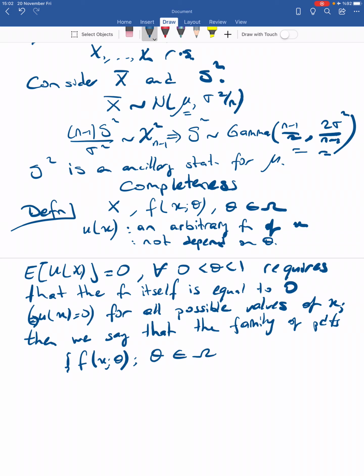We have infinitely many values for theta, and each possible value of theta gives us a different version of that specific PDF. So we have a family of PDFs. But since this family satisfies this property, we have a complete family of PDFs.